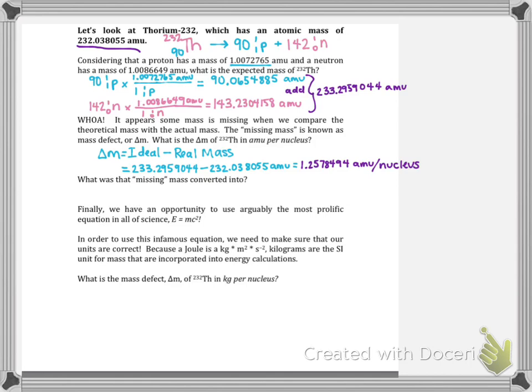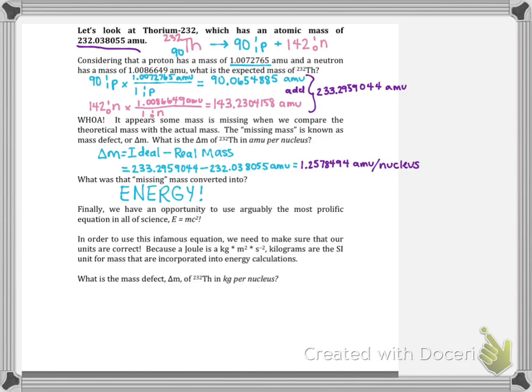And so now it's like, well, where'd that mass go? Conservation of mass, right? Well, it turns out that missing mass ends up being converted to energy. And so this mass is converted to energy that's then used to hold all of the individual protons and neutrons together.